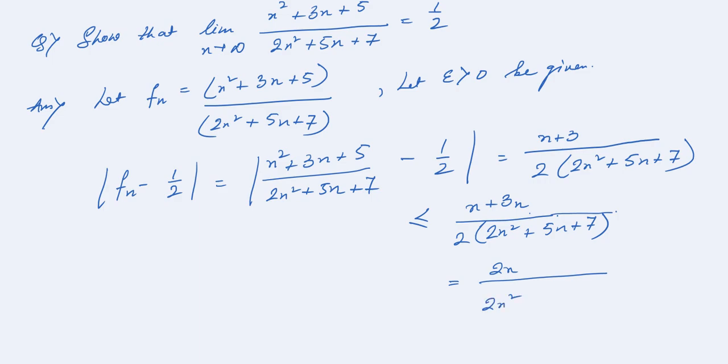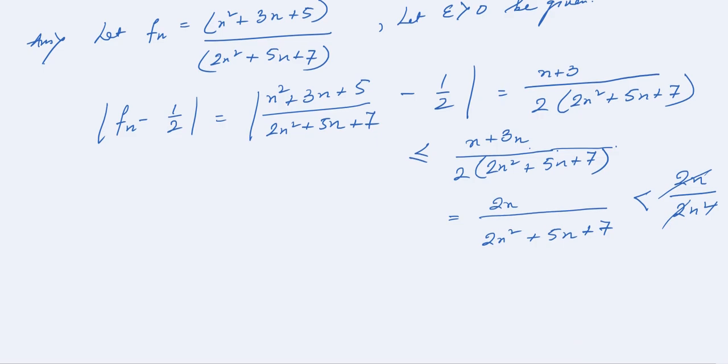If you just cancel, this becomes 4n, so this becomes 2n squared plus 5n plus 7, which is less than 2n by 2n squared. Okay, so if you just cancel these two out, then you will have 1 by n.